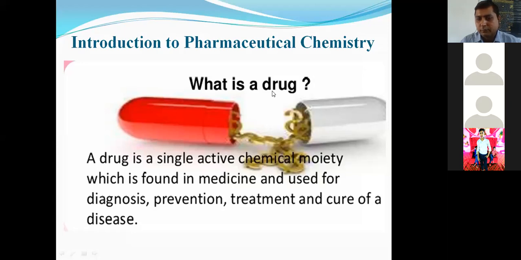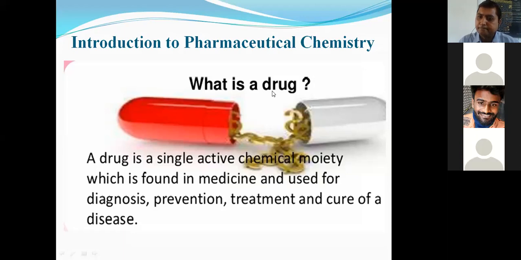Okay, so I want to ask you what you understand by organic chemistry. Anyone can tell me what is pharmaceutical chemistry? Can you tell me? Anyone? Sir, in which we will study about drugs and pharmaceutics.